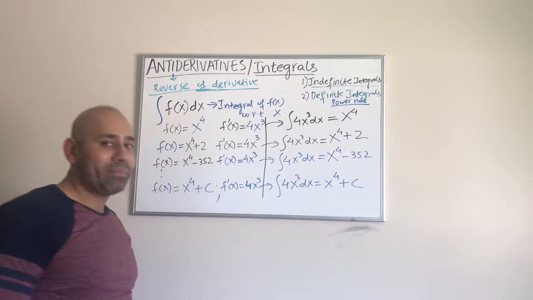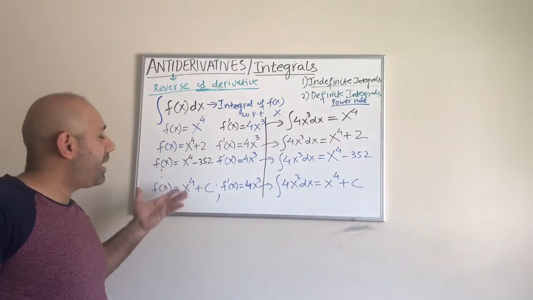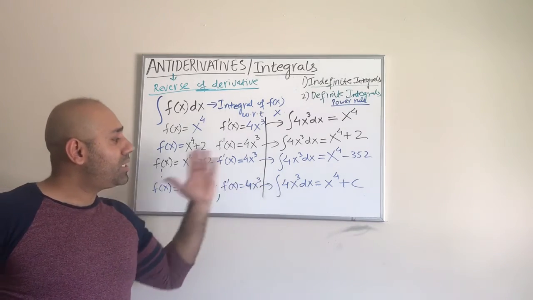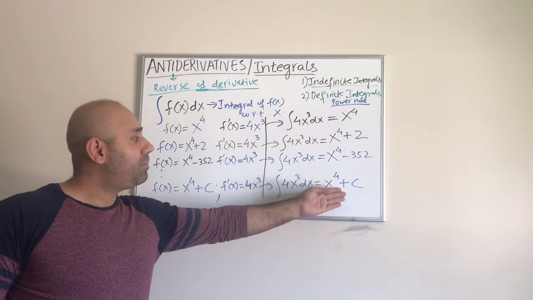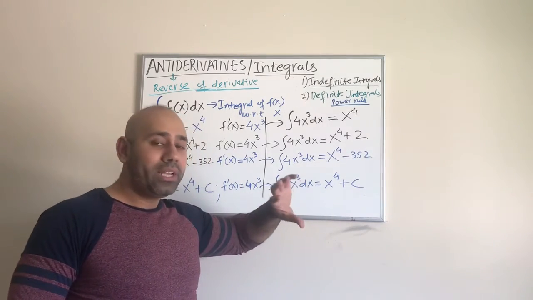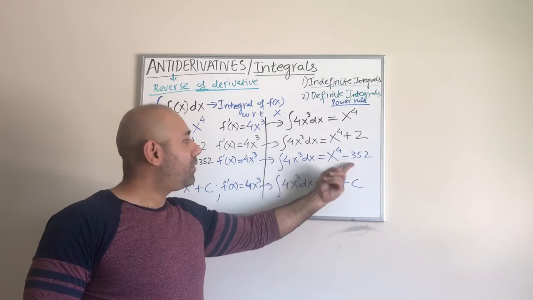So every time we keep adding or subtracting numbers, like we can think of this as adding a constant, the antiderivative is going to have that constant right there, because we have to think in reverse. If I take the derivative of this, I still get this back, from here and here and here.